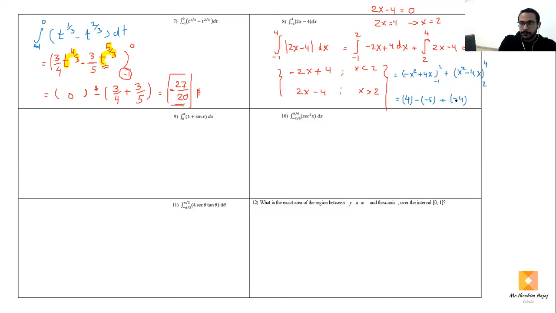First part: 4 minus negative 5, so plus 5, which gives 9. Second part: 16 minus 16 is 0, minus negative 4, so 0 minus negative 4 is positive 4. So it's 9 plus 4, which is 13. Yes, that's it.